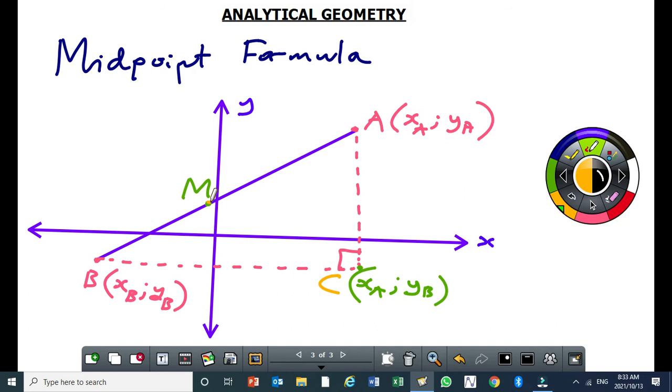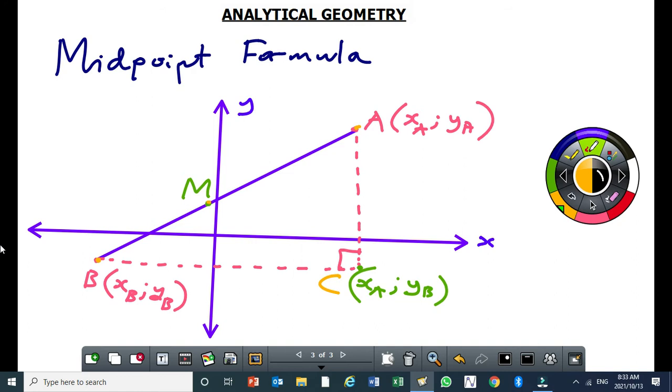So if I want to calculate it, I have to use the coordinates of A and the coordinates of B in order for me to calculate it. Right? Now, do you agree with me that for me to be able to do that, I need to use the horizontal distances and the vertical distance for me to do that. So this is how you can do it.